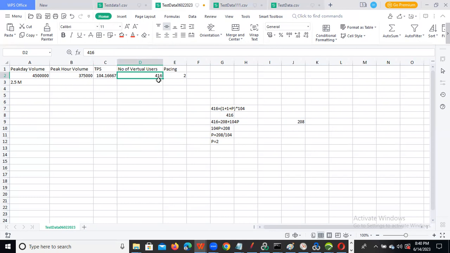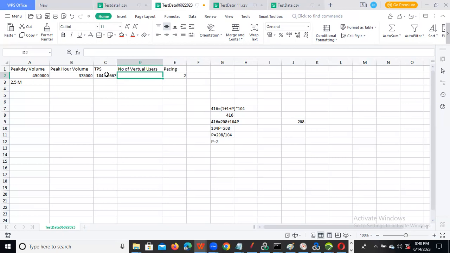After that, we need the number of virtual users. Okay, that 416 you can remove. Now the pacing I have given is 2 seconds. Assume it for now, don't think about what pacing is.